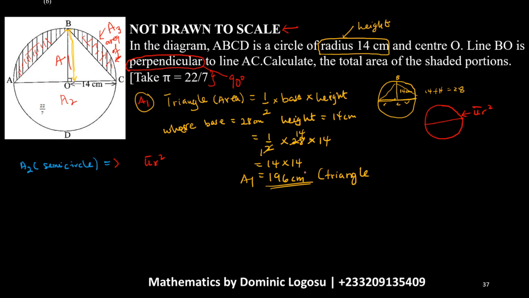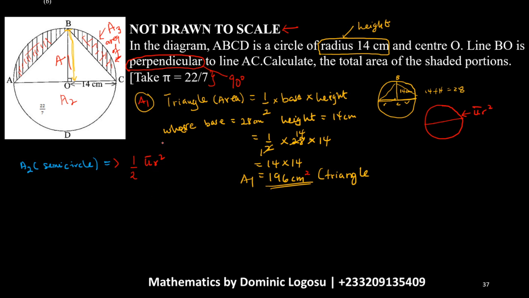Yes, centimeter squared. Thank you very much. So if I should divide this into 2, this will give me half of the circle. So to find the area of a semicircle, basically, we have to divide this into 2. Okay?